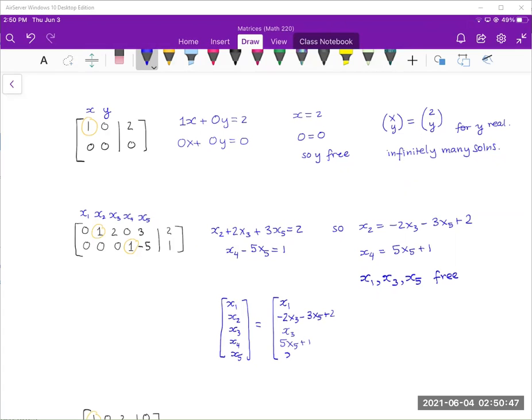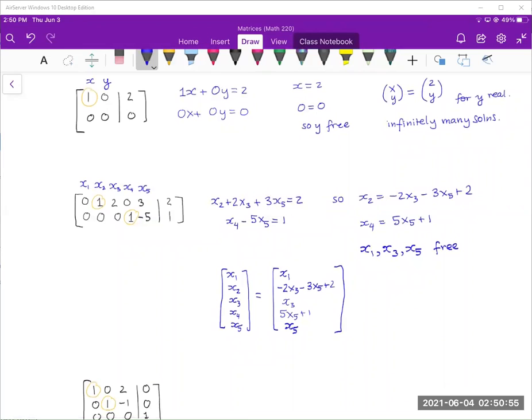And x5 is also free, so we just write it as itself. And so what we've done here is we've written the leading terms as functions of the other unknowns.